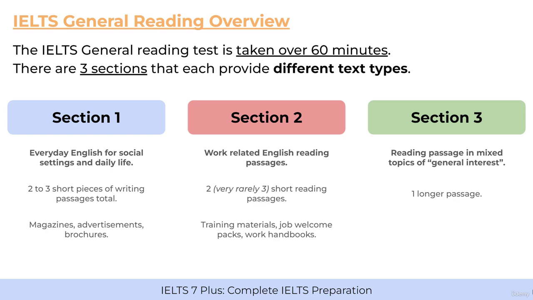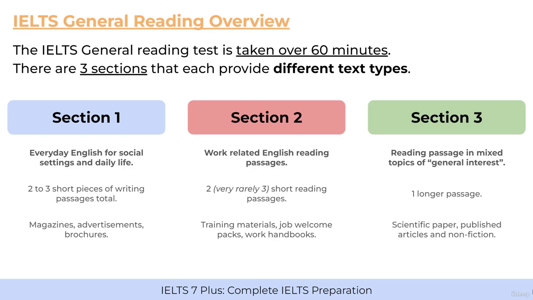So it'll be slightly longer too. And they're kind of scientific papers, published articles, non-fiction, so it's not like stories, it's more like talking about environment, travel, food, all that sort of stuff, kind of general interest reading passages.